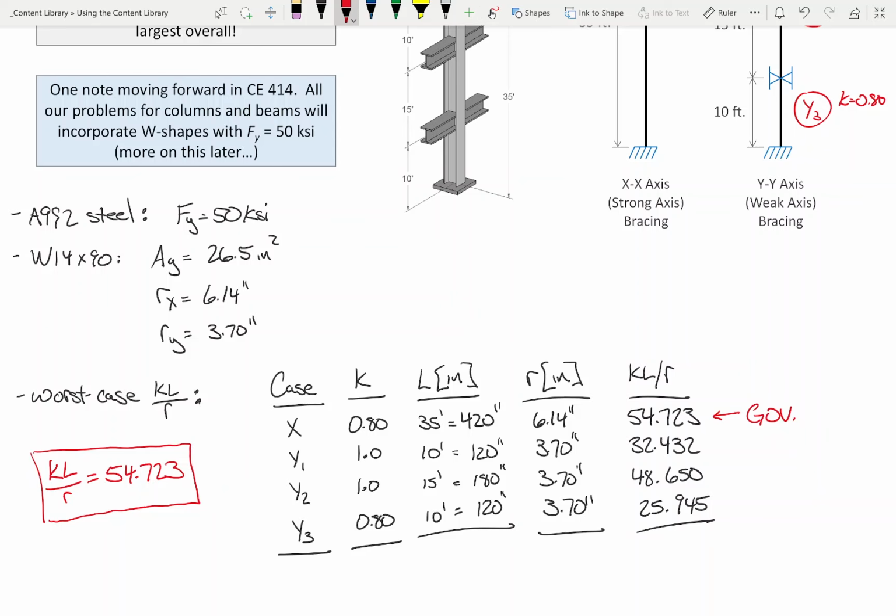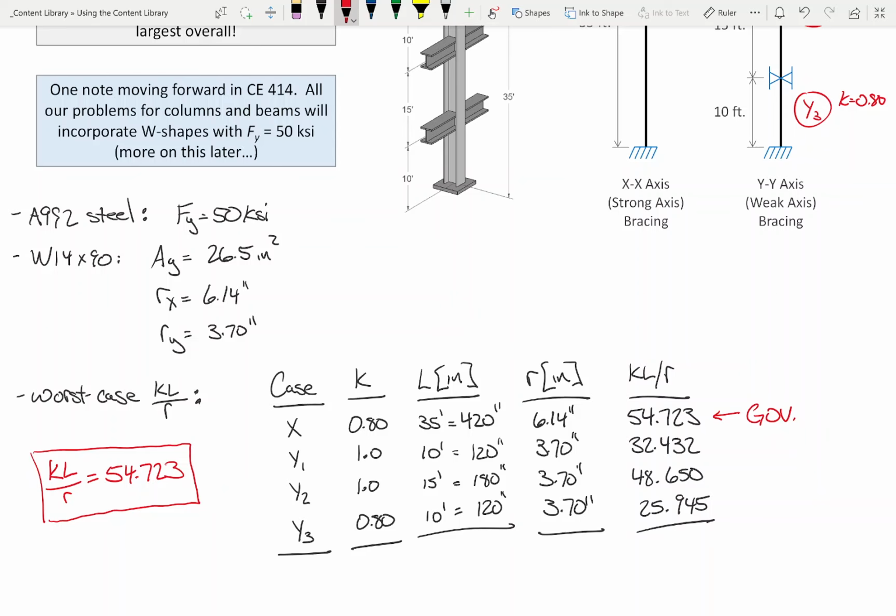Now, I want to rewind the clock a little bit to what I had said earlier. I said that we calculated all 4 cases, but if we had used our noggins a little bit, we probably didn't need to calculate all 4 for this problem.